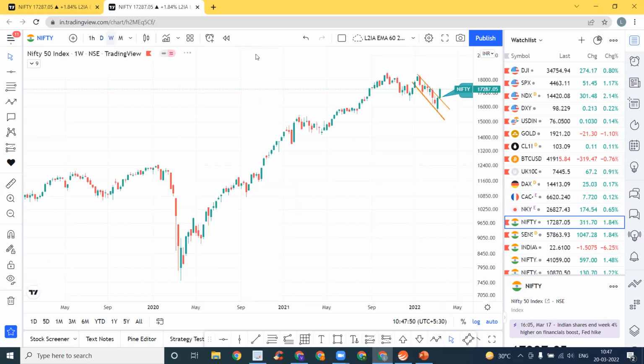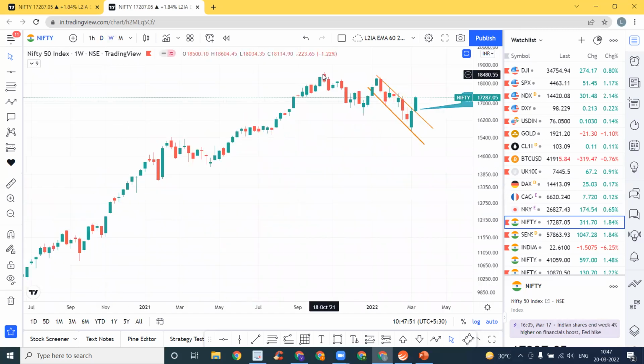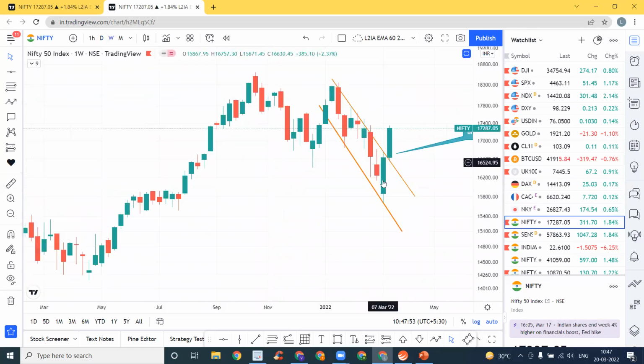If you see the weekly chart, here too you can see the last 2 weeks, the previous week and the current last week which closed. So it is going above the trend lines, meaning that Nifty is breaking and trying to move up. That is a very positive sign.